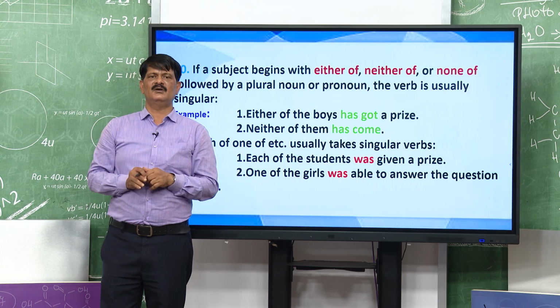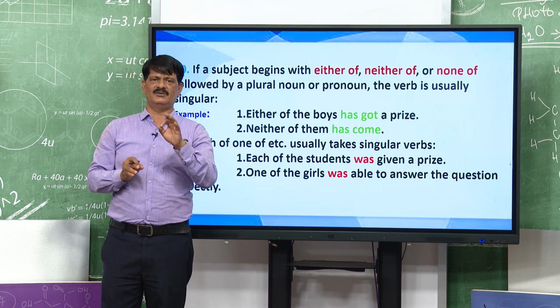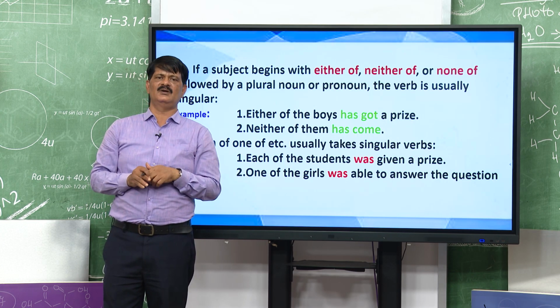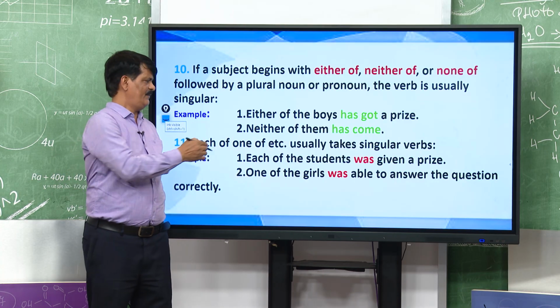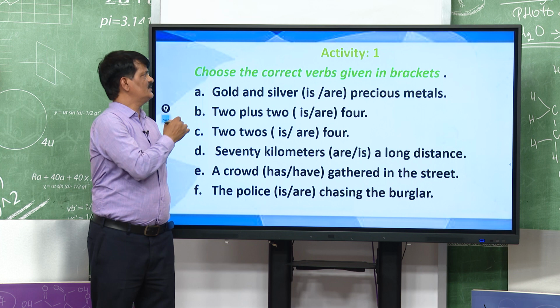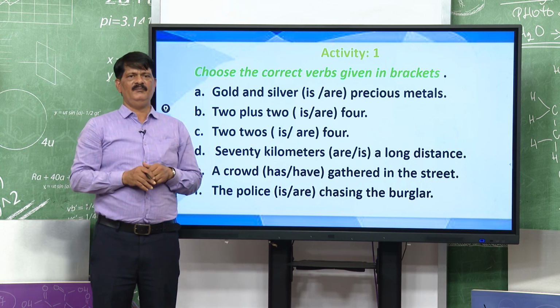Each of, one of, etc. usually take singular verbs. Each of the students was given a prize. One of the girls was able to answer the question correctly. Okay, next.